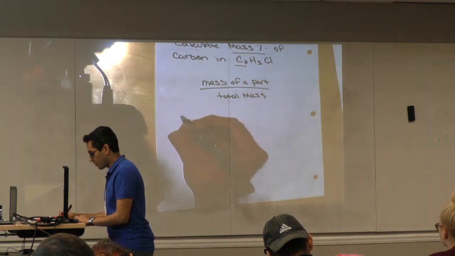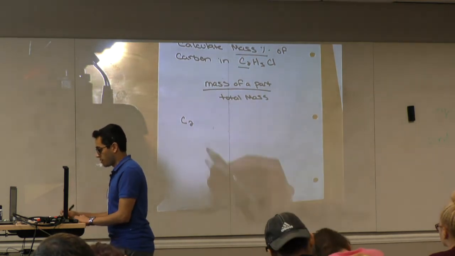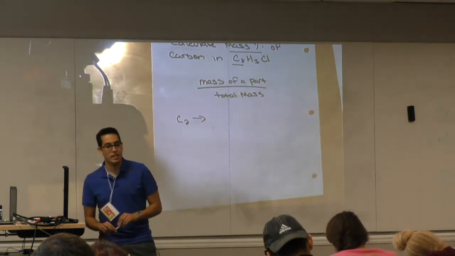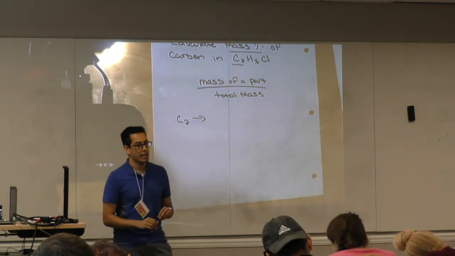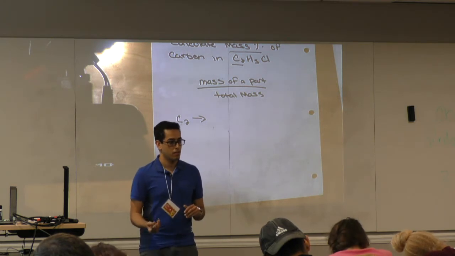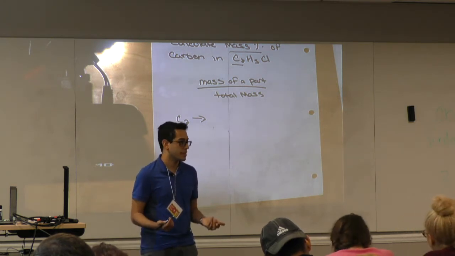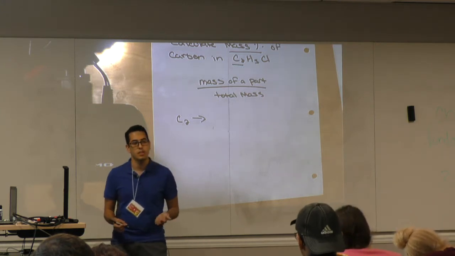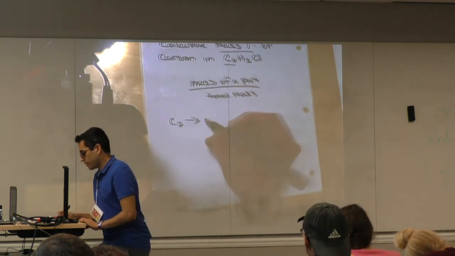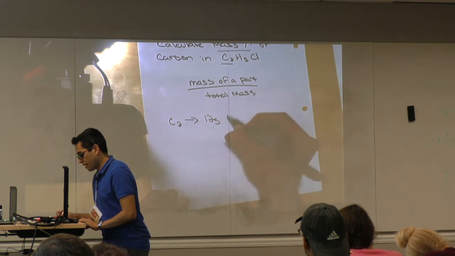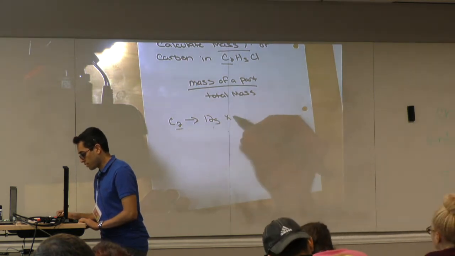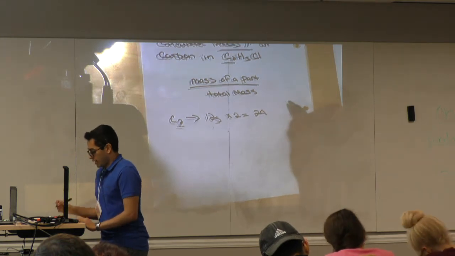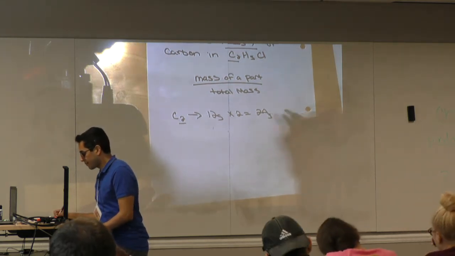So we know there's 2 carbons, or 2 moles of carbon in this case, and we can calculate how much that weighs, right? Periodic table. We know carbon weighs 14 grams, is it? Or 12? 12. 12 grams. And you simply multiply that by how much is present, the 2. So we now know there's 24 grams of carbon.